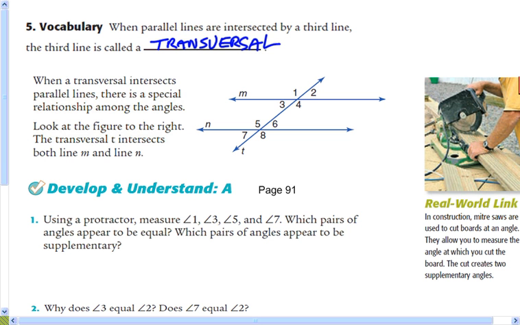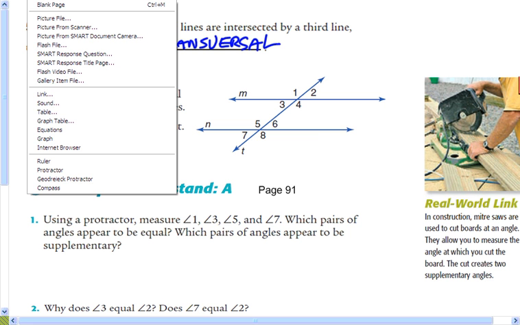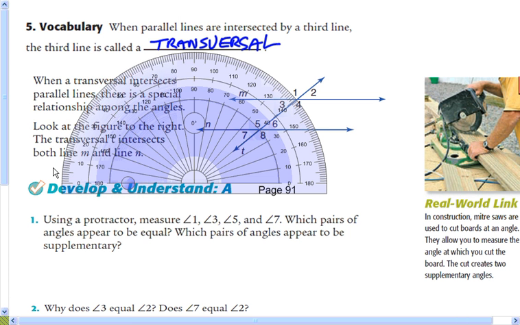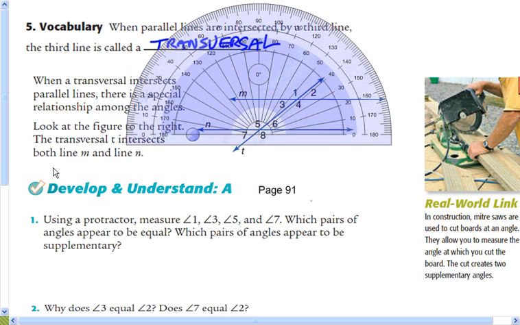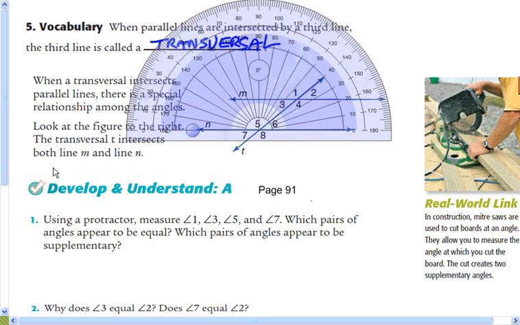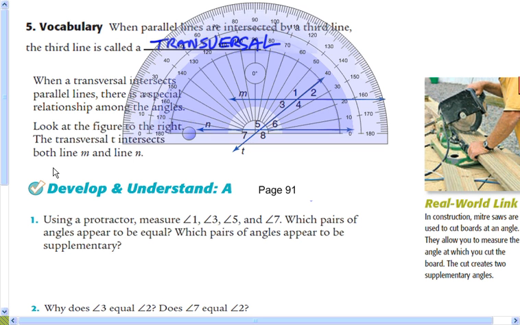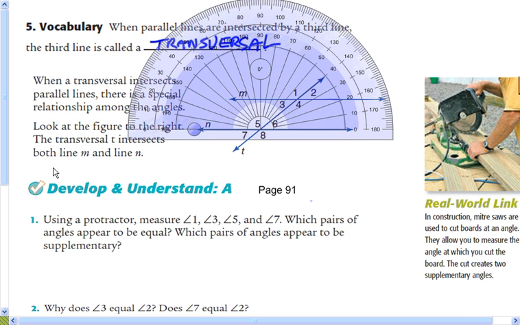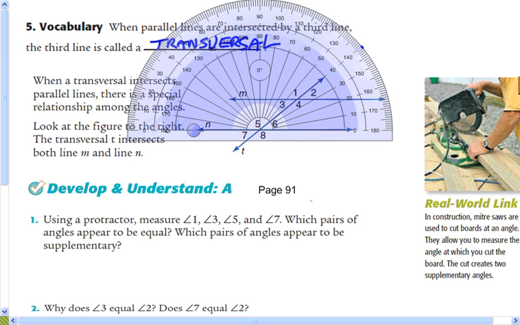So I'm going to insert a protractor. There it is. And I'm going to place that protractor right at angle 5. And if you see this arrow, you see that it's pointing right here at 140.